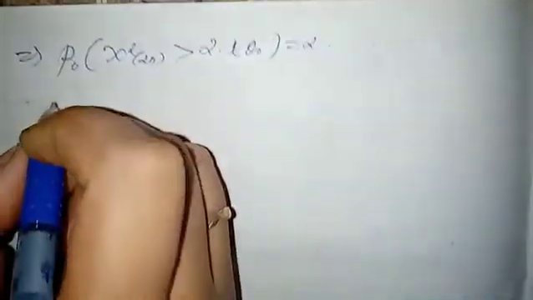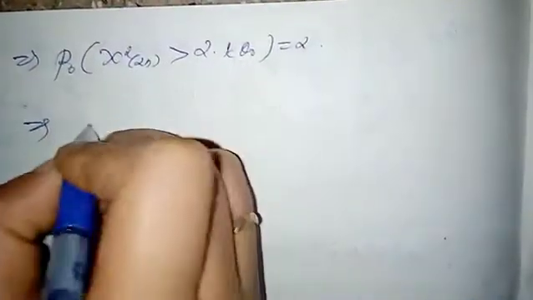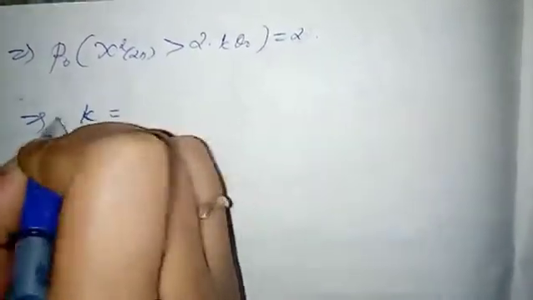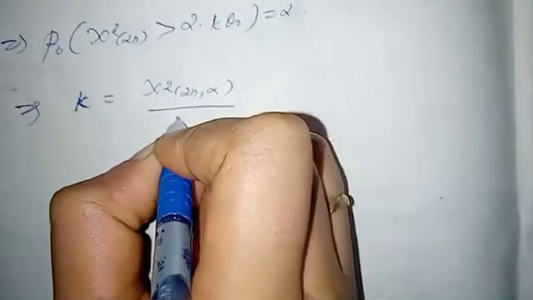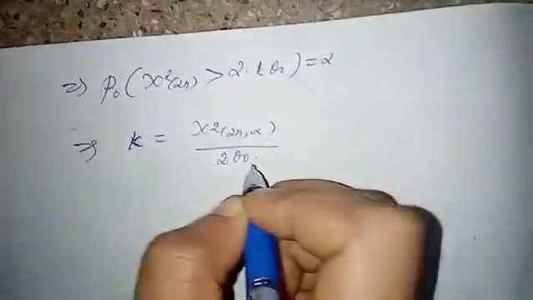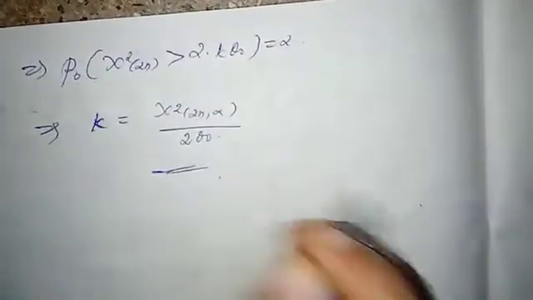Which implies the probability of chi-square with 2n degrees of freedom greater than 2 into k theta naught is equal to alpha. Then what is the value of k? K equals chi-square 2n alpha divided by 2 theta naught. This is the value of k.